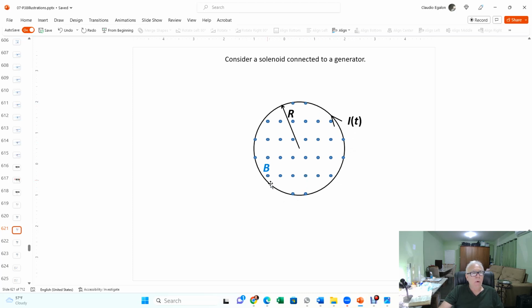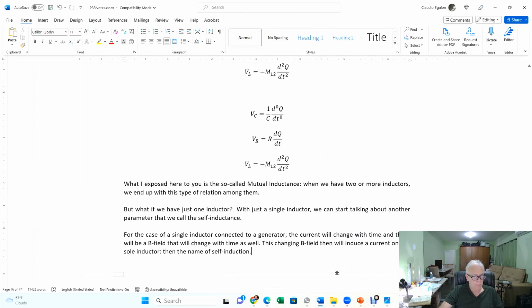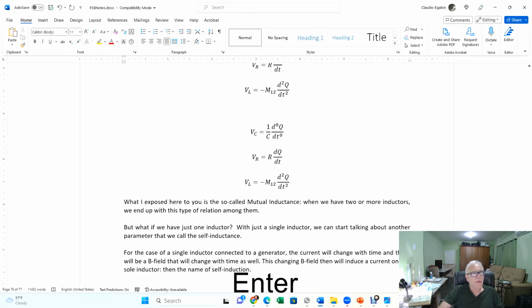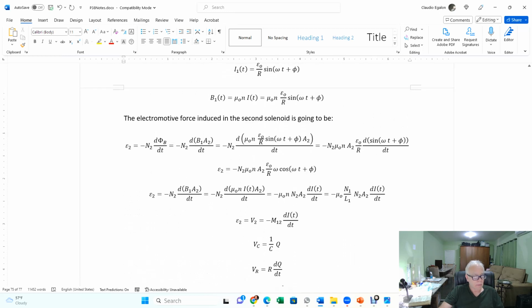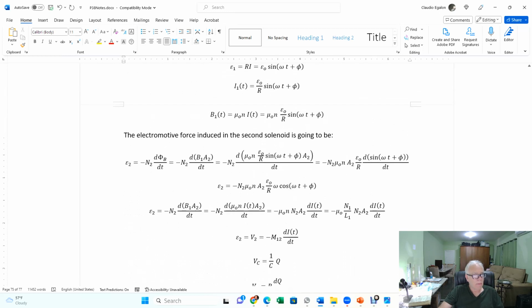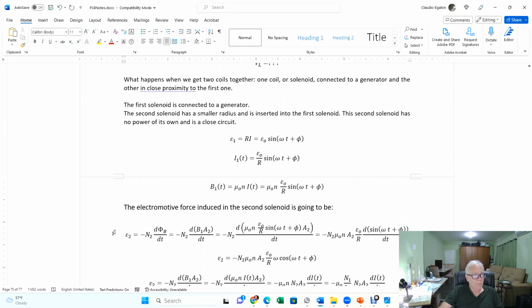Consequently, there will be an induced electromotive force that is related by Faraday's law. So let's go ahead and write it down, just like before. Here you go.